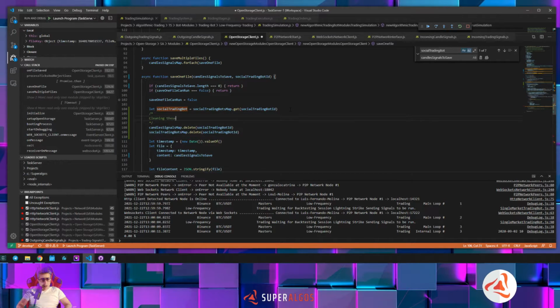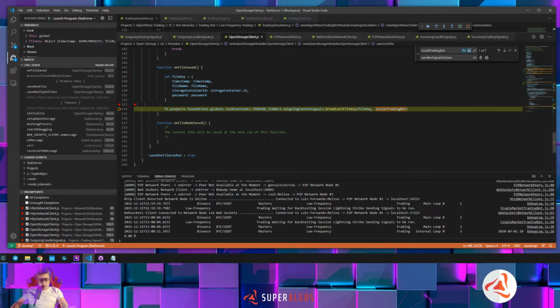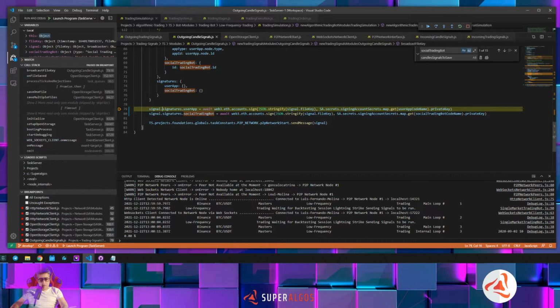Cleaning these maps before the next async operation. Okay, so my guess is this is going to work like this.